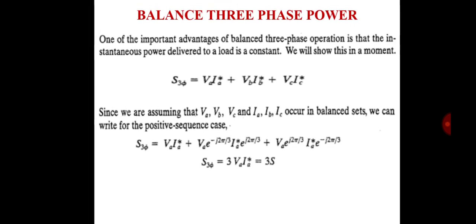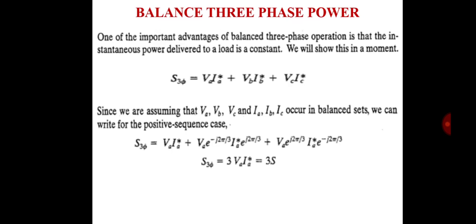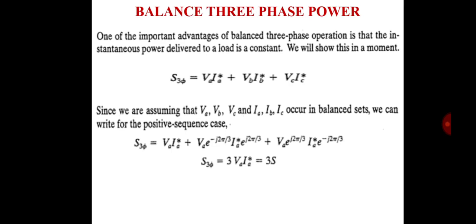So S three-phase is equal to VA IA conjugate plus VA e^(-j2π/3) into IA conjugate e^(j2π/3) plus VA e^(j2π/3) and IA conjugate e^(-j2π/3).